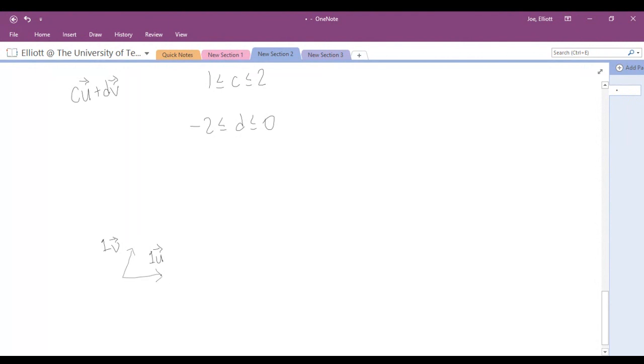So with c between 1 and 2, I need to go out to a distance of 2 u's, so that's up to here. And because d is negative, when you multiply v by a negative number, remember that reverses the direction. So negative 1v would be here, the same length as v, but in the opposite direction. And then negative 2v would be up to here.